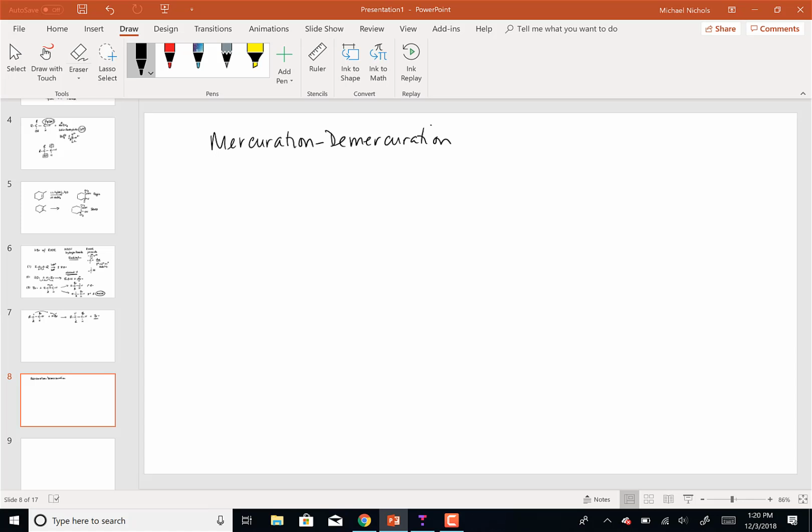Now, mercuration, demercuration looks an awful lot like a bromonium ion. So let's start with taking a generic double bond, and I'm going to add to this mercury acetate. Now, mercury is a +2 ion, and this OAc is a deprotonated acetic acid.